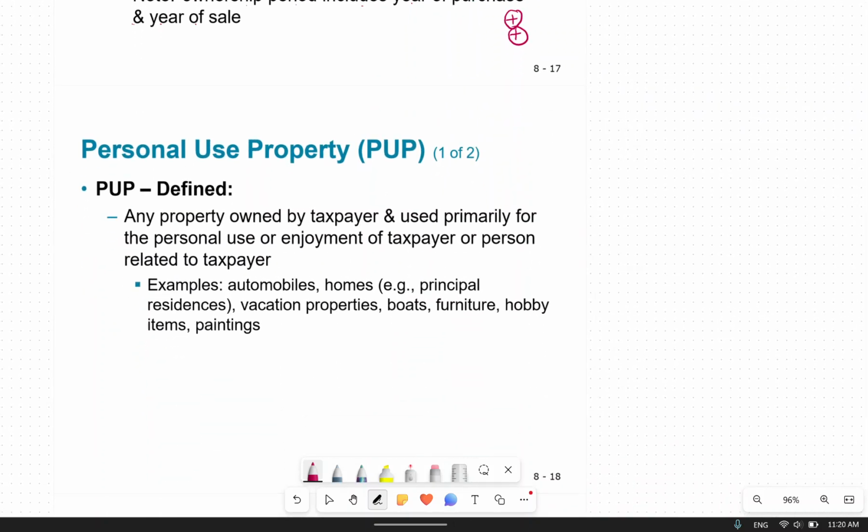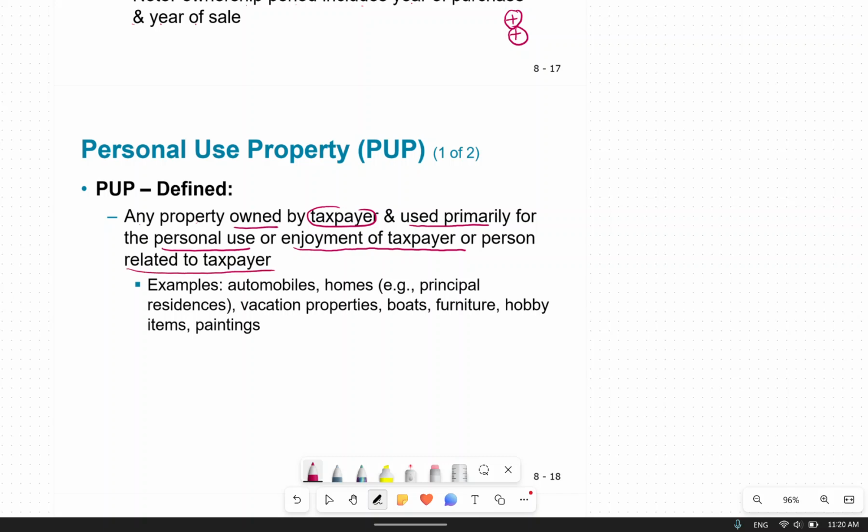Now the next one is personal use property. This is any property owned by a taxpayer and used primarily for personal use or enjoyment by the taxpayer or a person related to the taxpayer.